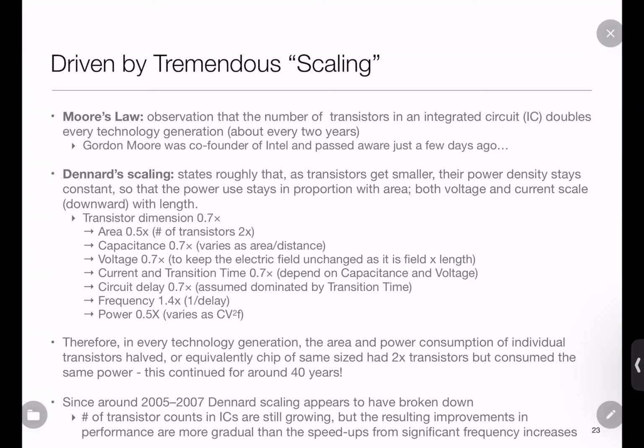He made an observation that every technology generation, by which I mean when they move from one way of fabricating to the next more shrunk version, the number of transistors they could pack on the same area of silicon was doubling.